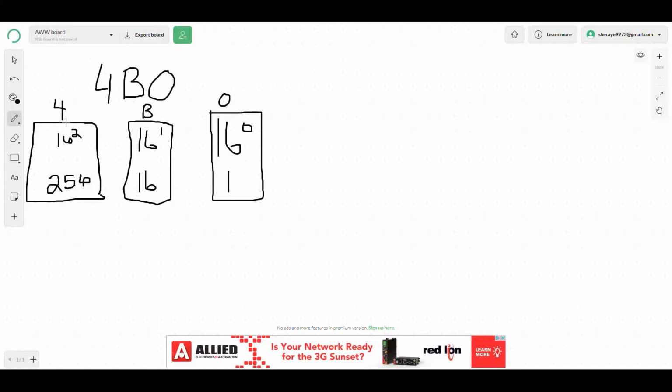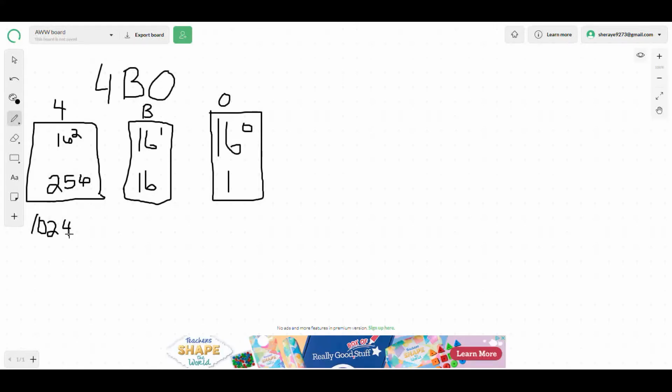Okay. So then you say, okay, so I have 4 of these, and each one's worth 256. So it's going to be 256 times 4, which what we said was 1,024. That's in our book. This is the same one that's in our book on page 35. All right. And then we multiplied, remember this is 11 times 16.